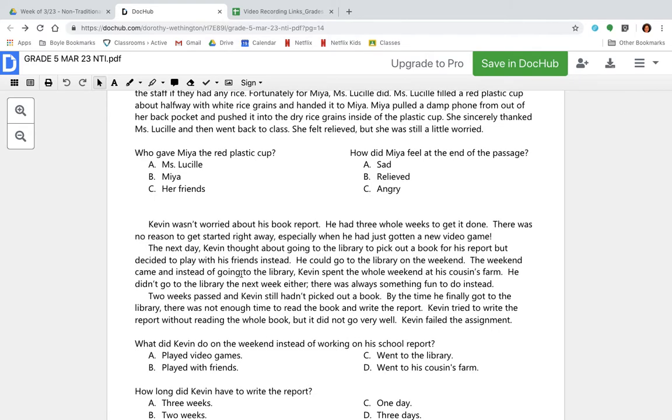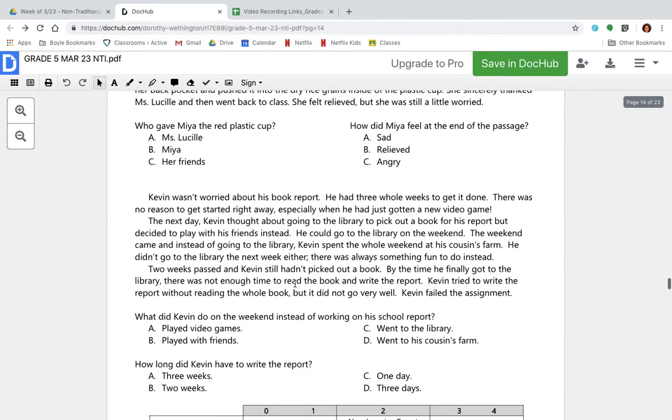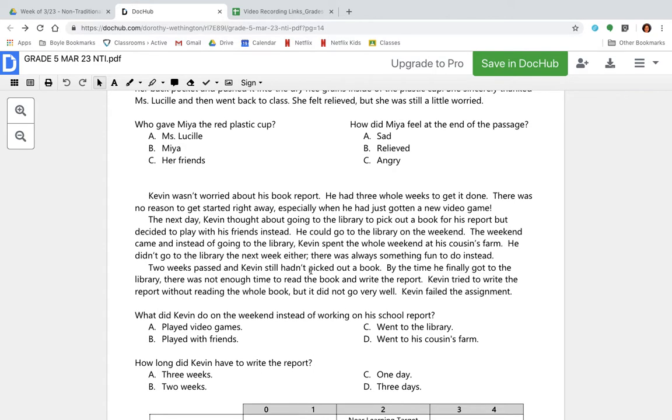The weekend came, and instead of going to the library, Kevin spent the whole weekend at his cousin's farm. He didn't go to the library the next week either, and there was always something fun to do instead. 2 weeks passed, and Kevin still hadn't picked out a book. By the time he finally got to the library, there was not enough time to read the book and write the paper. Kevin tried to write the report without reading the whole book, but it did not go very well. Kevin failed the assignment.